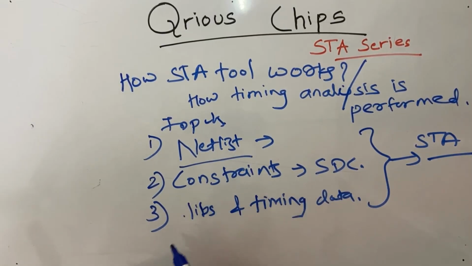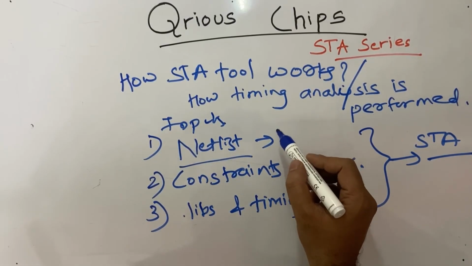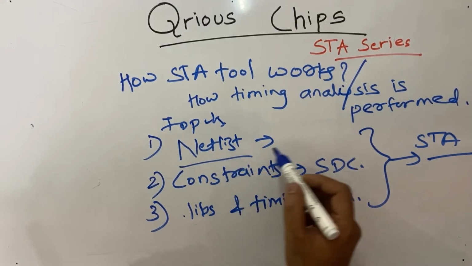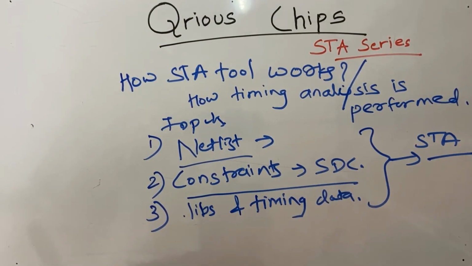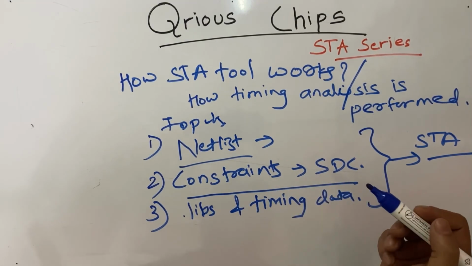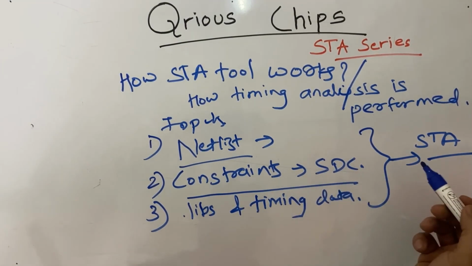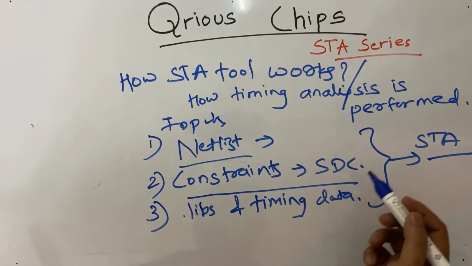So what does the netlist consist of? Netlist consists of the design information, like what is the functionality and how the design is connected to each other. Constraints consist of what the timing requirement is, what the false paths are, what paths are to be checked, and by how much timing needs to be checked.